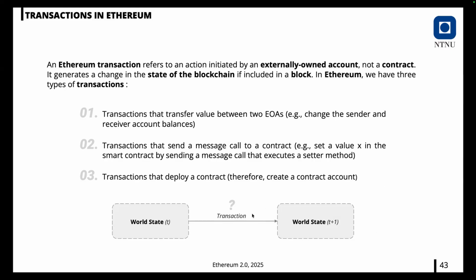So every transaction will change the world state. And then the world state is what we store in the client, and the full nodes store 3 months of world states backwards from the current block backwards, but the archiving node stores all of them from the very beginning.